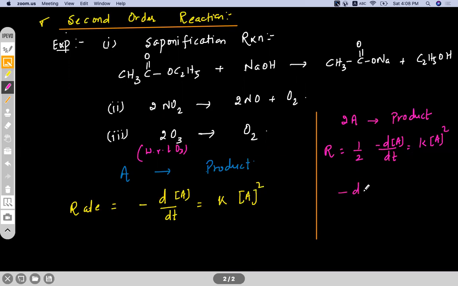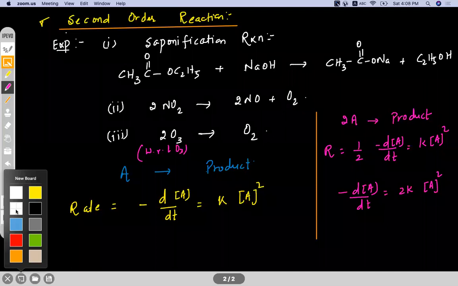Then minus d concentration of A by dt is equal to 2K concentration of A square, and then we can solve this by integration. Correct? You must take care of this. According to the reaction, we'll write down the expression. Fine. So we'll continue with this.